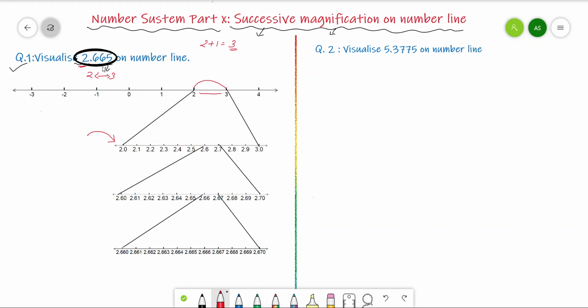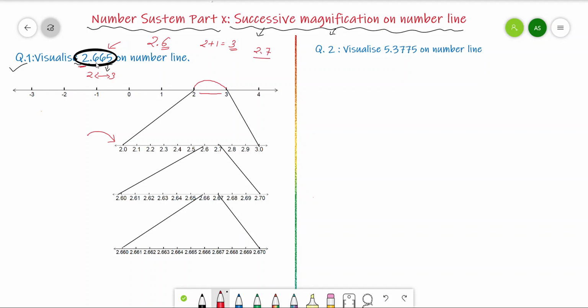So firstly, we have identified that the number lies between 2 and 3. For the next step, we will see what number is written at the 10th place of the decimal, and that is 6. If you add 1 to it you will get 2.7.